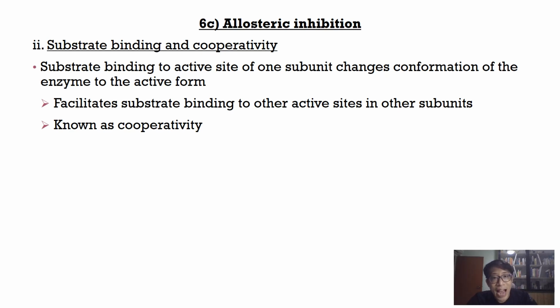Substrate binding to the active site of one subunit of the enzyme molecule would change the conformation of the entire enzyme molecule to the active form, and that makes the active sites on the other subunits of the same enzyme molecule have a higher affinity to the substrate, and that facilitates binding of the substrate to the other active sites. This phenomenon is known as cooperativity.